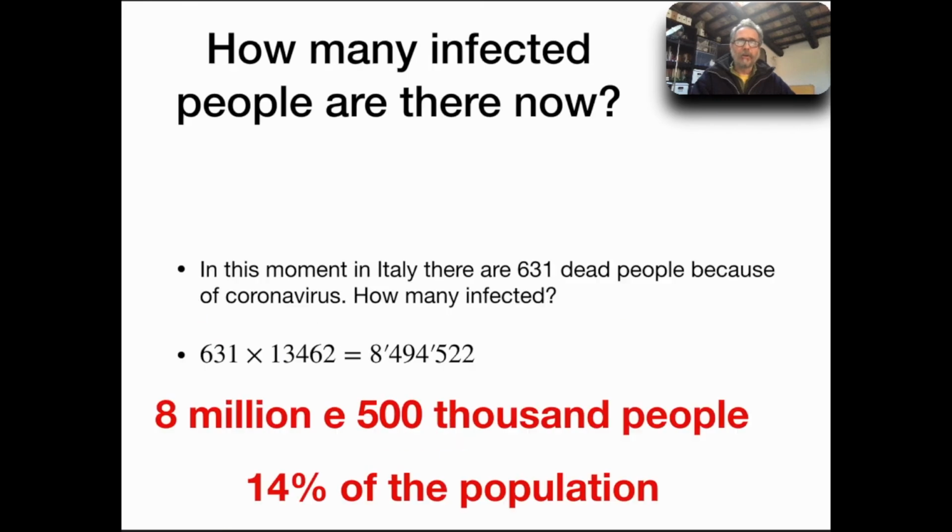But right now, in Italy, there are 631 people that are dead by the virus. So we probably should assume that we have 8,500,000 people, that is 14% of the population, that is infected by the coronavirus, at least following this growth. This sounds like a lot.